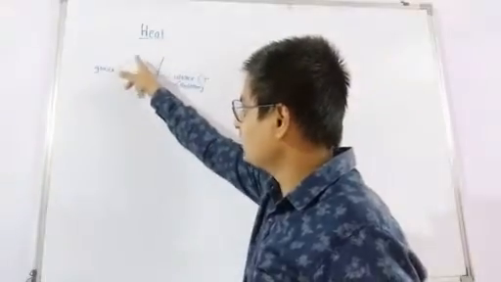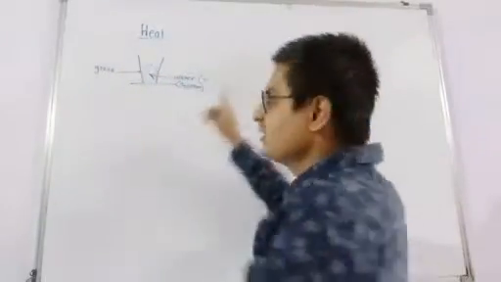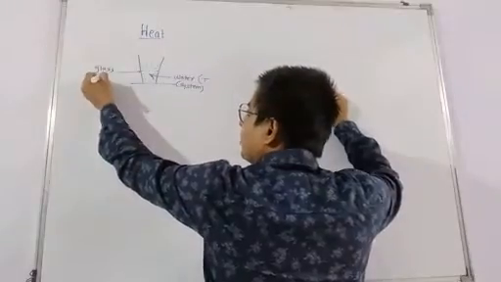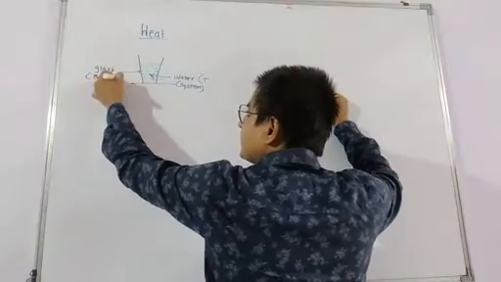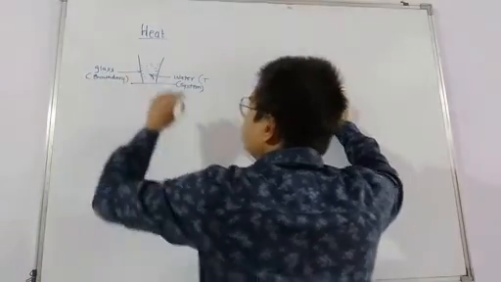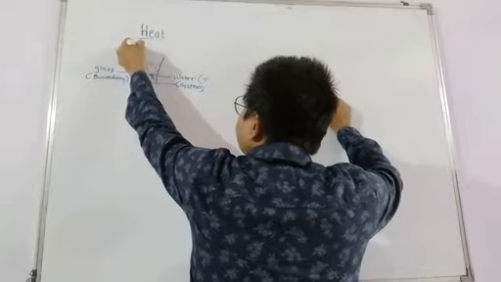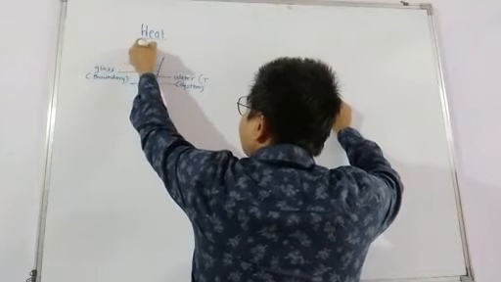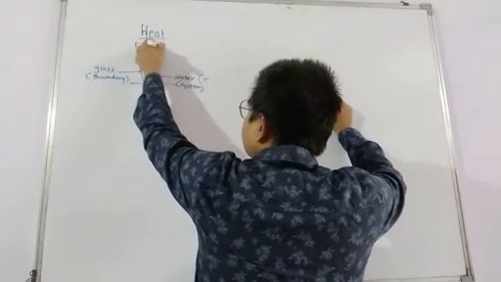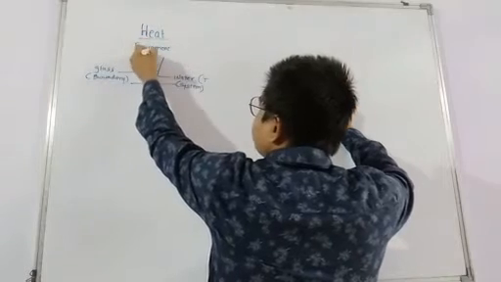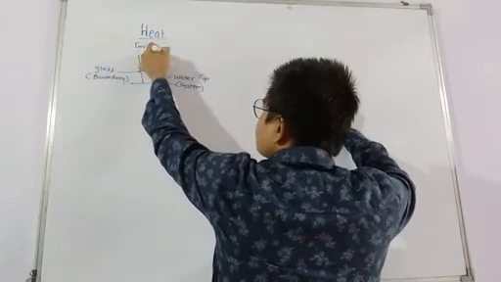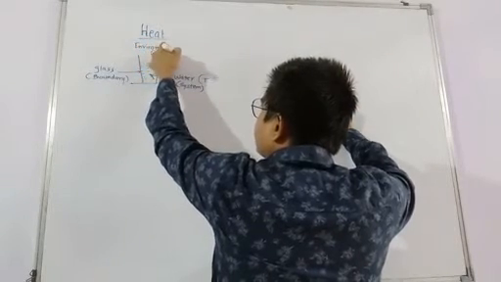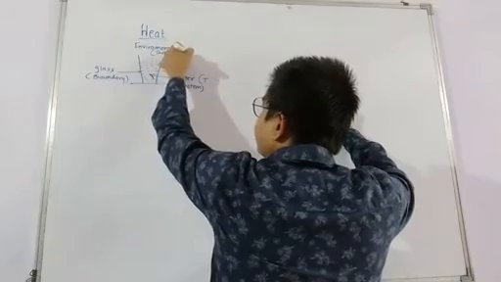The wall of the glass is nothing but the boundary, and the remaining part, that is the environment, is called the surrounding.